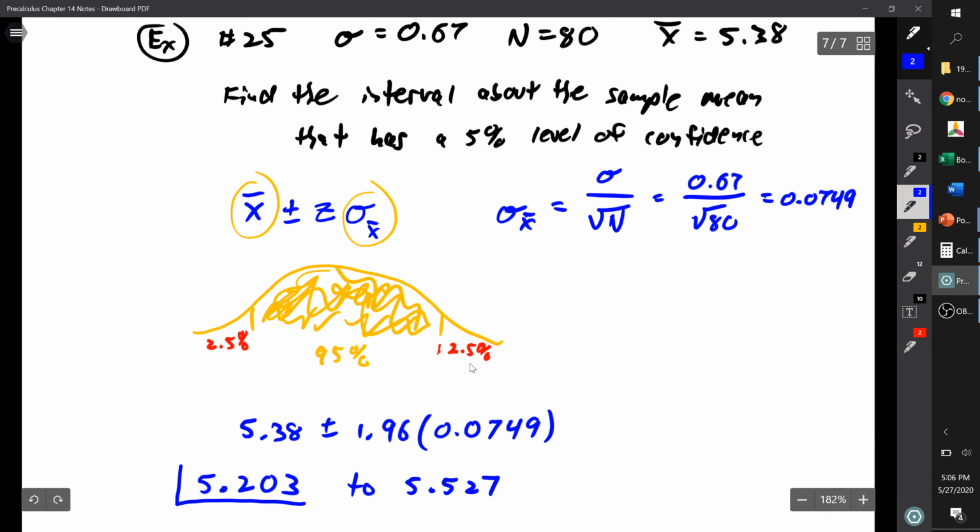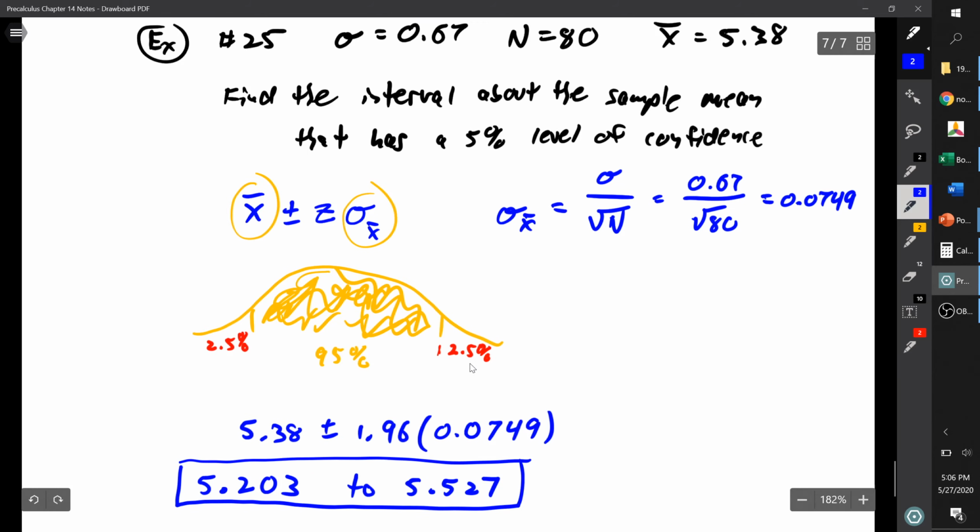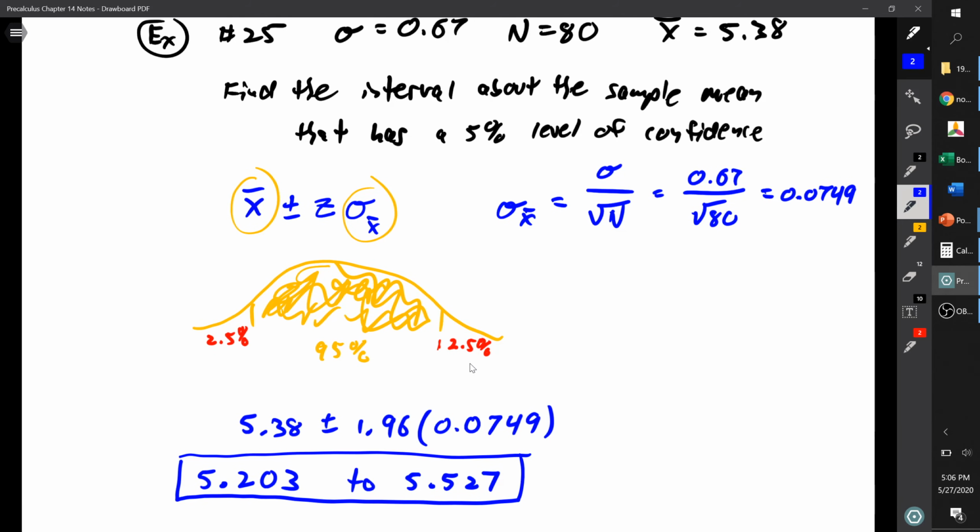Okay, so based on how many data points I was dealing with, and based on what the standard deviation of those data points was, I can say with 95% certainty, or a 5% level of confidence, that the actual average of all of the data would be somewhere in this range between 5.203 and 5.527.